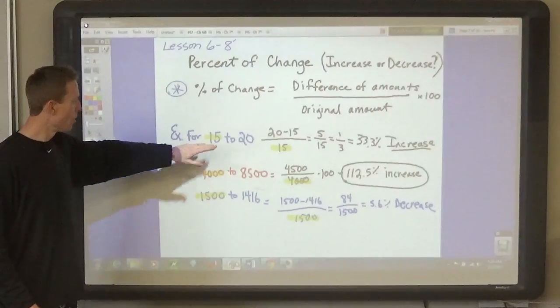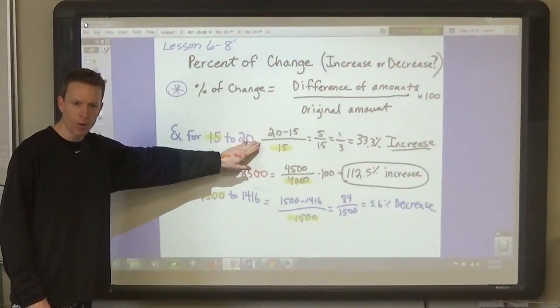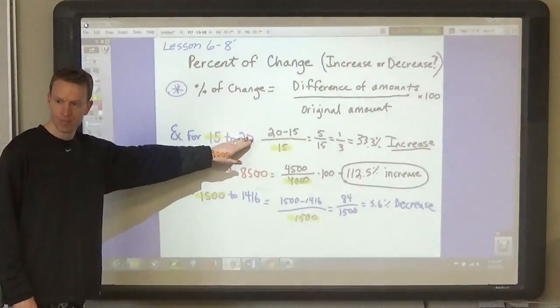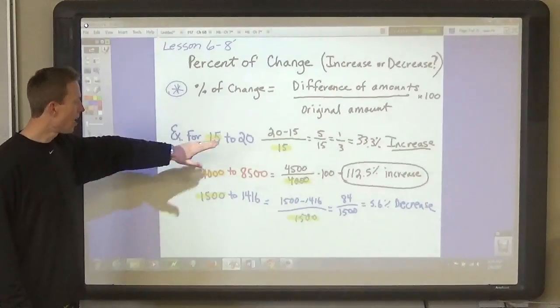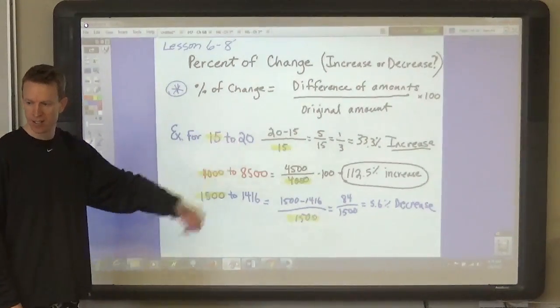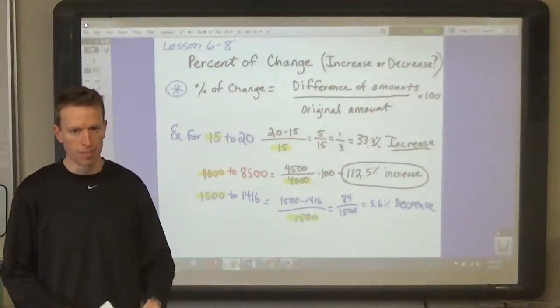Okay? So you were averaging 15 points a game, and now you're averaging 20 points a game. Your averages went up, right? Now, what we're going to talk about is how to find how much of an increase that is in a percent form.